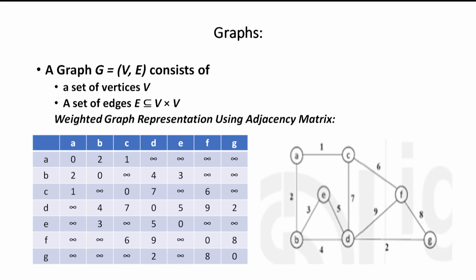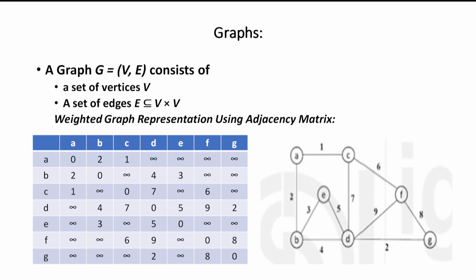For example, we can see that from A to B there is a path which has weight 2. So in the matrix, A to B or B to A, since it is an undirected graph, both are the same, and the value is 2. Similarly, from A to C or C to A there is a path having weight 1.